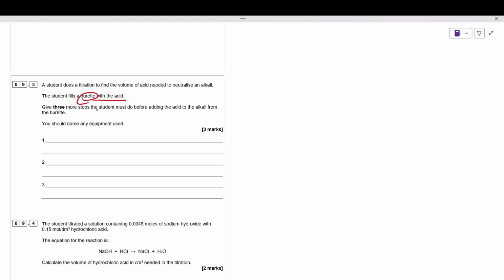So it means therefore that the next key equipment in titration will have the alkali, right? So use a pipette to add the alkali, right? And it mentions ensure you name any equipment that is used. So that's what we're going to be using. So we're going to use the pipette to add the alkali, right, into a conical flask.